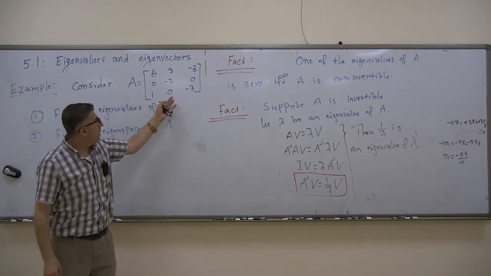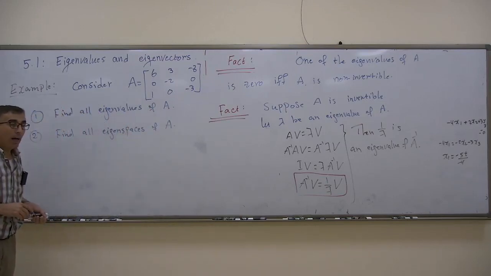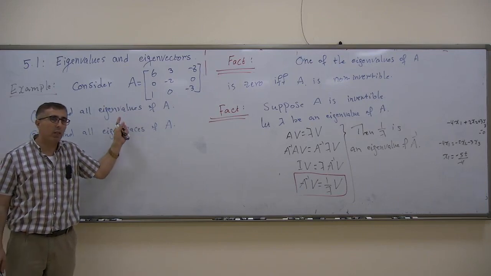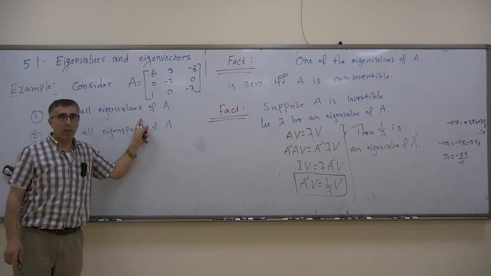So when we use this matrix right away, you have to tell me the eigenvalues and the eigenspaces of A. And keep in mind, when you find the eigenspace, you need to find a basis for each eigenspace. Okay? So in particular, you need to know the dimension of each eigenspace.